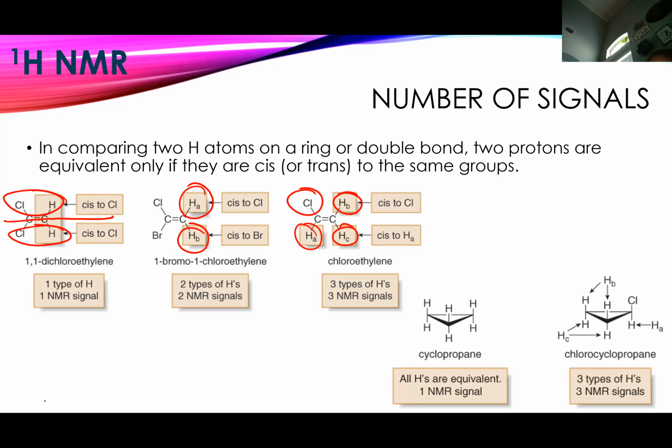You end up with 3 different signals because these are cis to the chlorine. They're on the same face of the molecule as the chlorine. And all these hydrogens are on the same face of the molecule. And then there is a plane of symmetry that runs right through the molecule. But if you have a structure like cyclopropane, all 6 of these hydrogens are identical, and so you end up with one NMR signal.